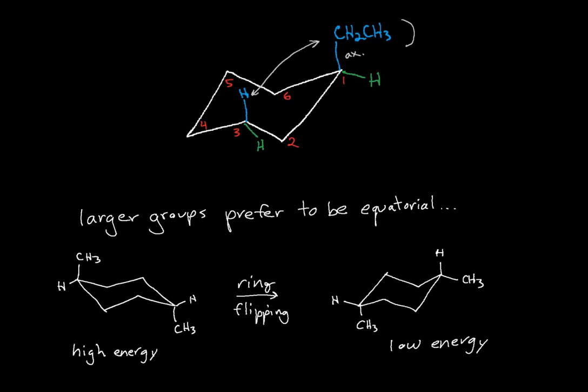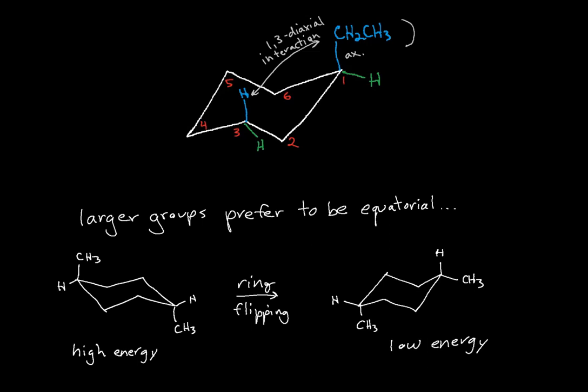And notice the numbering of the carbons makes this a 1,3 diaxial interaction. And it's an unfavorable interaction, energetically speaking, because these groups that are axial at this distance apart are actually much closer than it appears here.